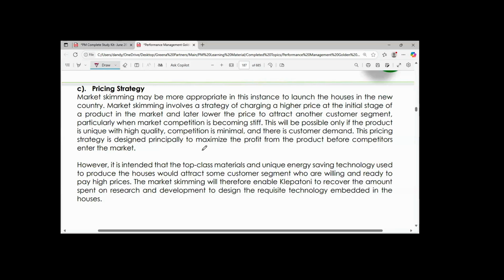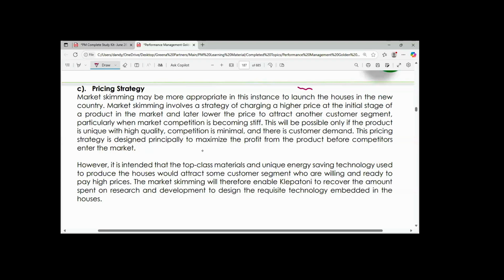So when MTN and the other companies in the industry came into the market, they were charging a high price. That is what is called market skimming. When you introduce a new product, especially products that are differentiated, unique, technologically unique or innovative, you try to charge as high as possible, so that by the time the competitors come into the market, you would have made so much profit and established yourself in the industry before your rivals join.